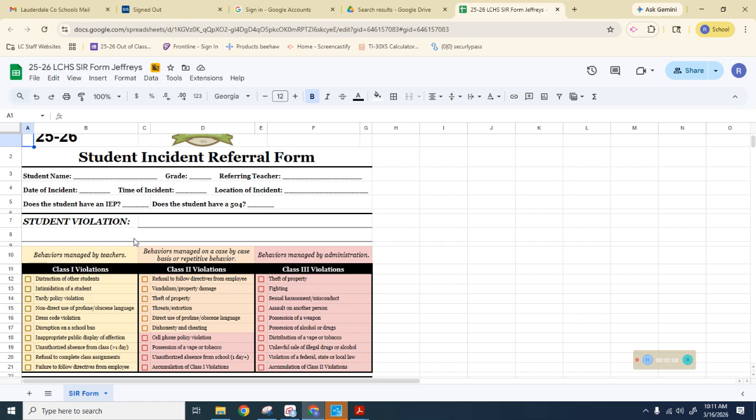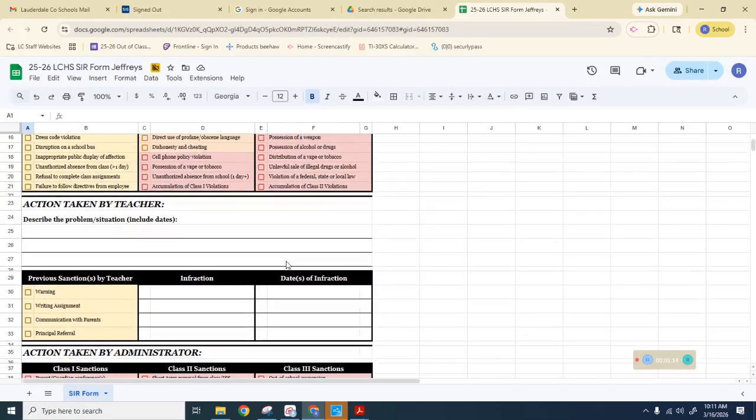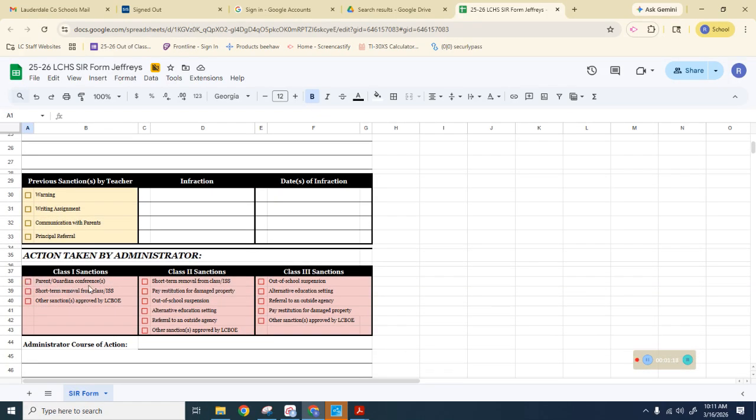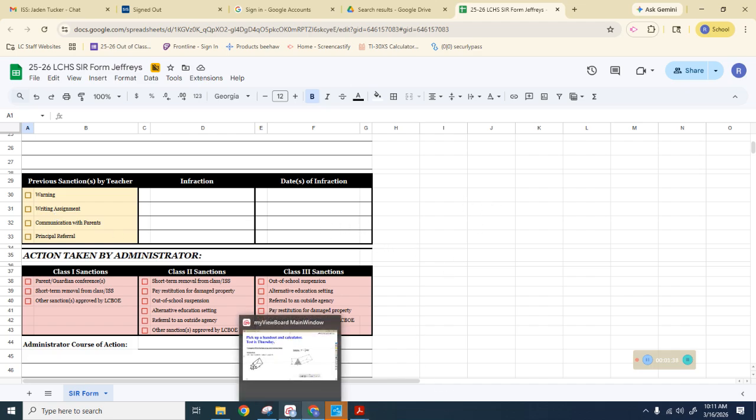So I have this, I can make a copy, save it, give you a hard copy, and then we have all this stuff. Let's see, where's the other sanctions approved? Writing assignment. Ooh, writing assignment. That's a good one. We can make something like that happen. That'd be awesome.